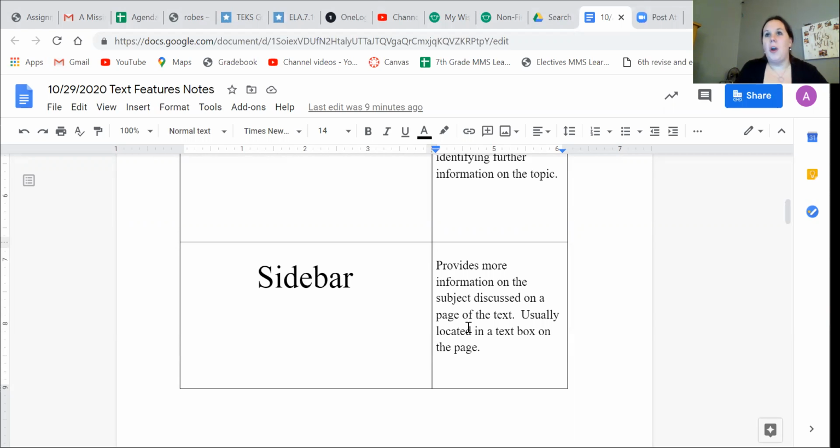So if you are reading about cells in Mr. Maxwell's class, and then out to the side in a circle or a box or a weird shape, it gives you a little something extra about a cell, or like one of those did you know facts, that's a sidebar. Okay, it's going to give you some more information.